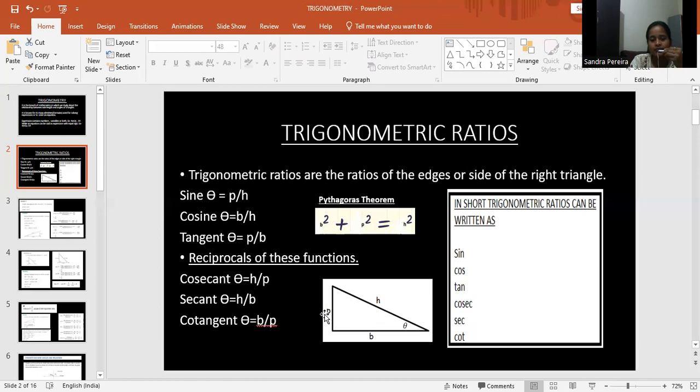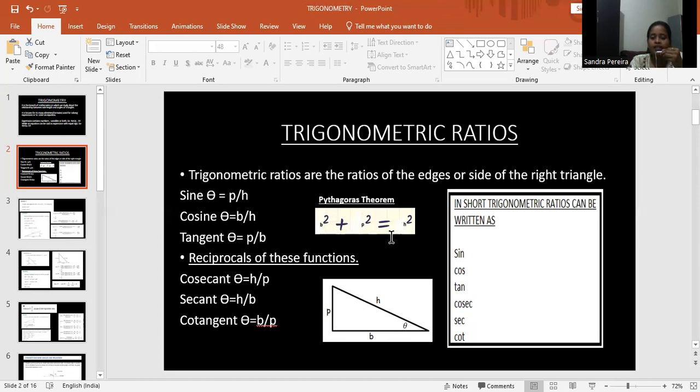That is P and B. The sum of the squares of these two sides, that is the square of P and the square of B, is equal to the square of H. Means the sum of the squares of the perpendicular and base of a triangle is equal to the square of the hypotenuse of a triangle.